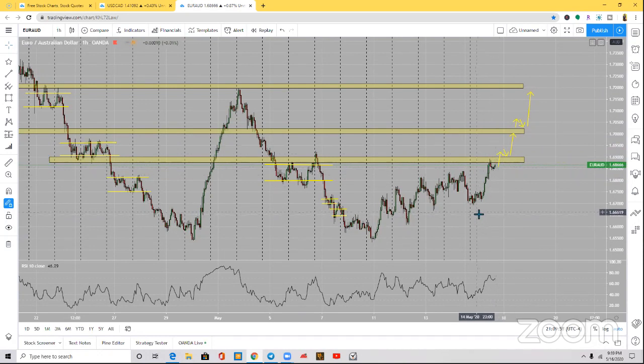So until further notice, Euro AUD has a bullish outlook. I'm looking for buys.